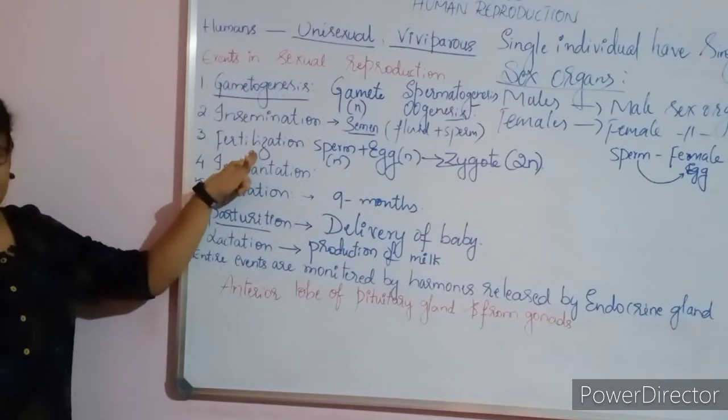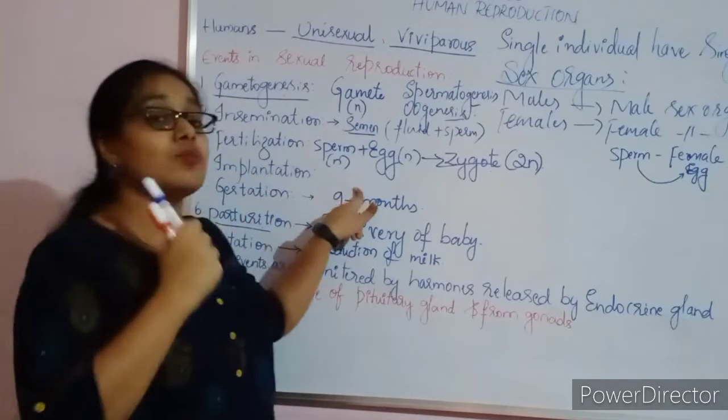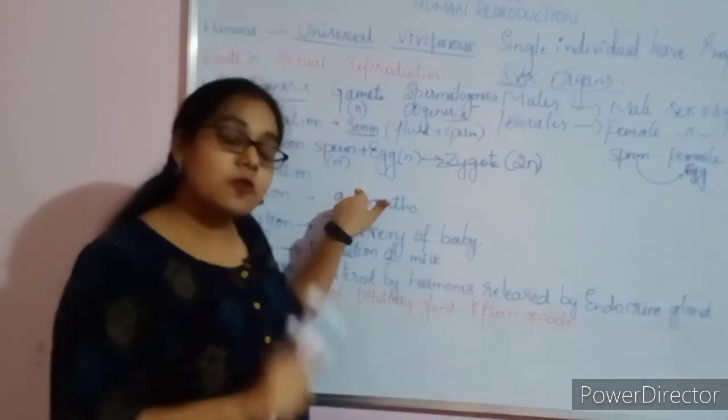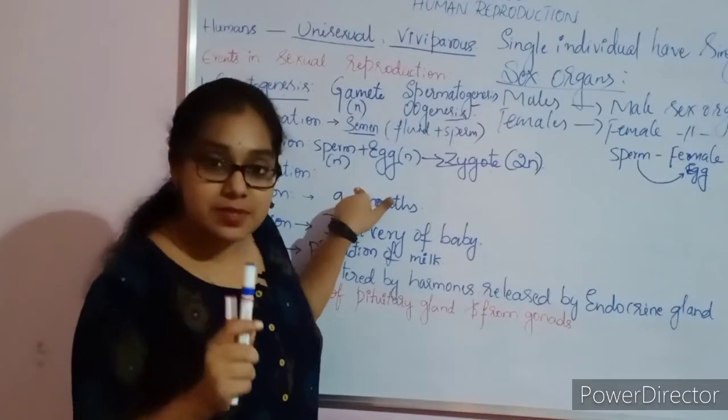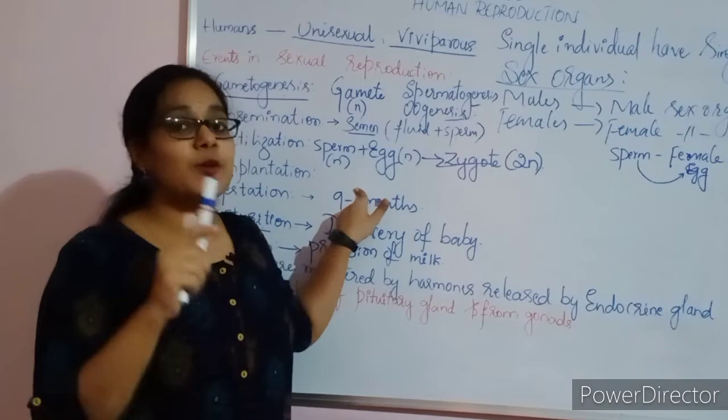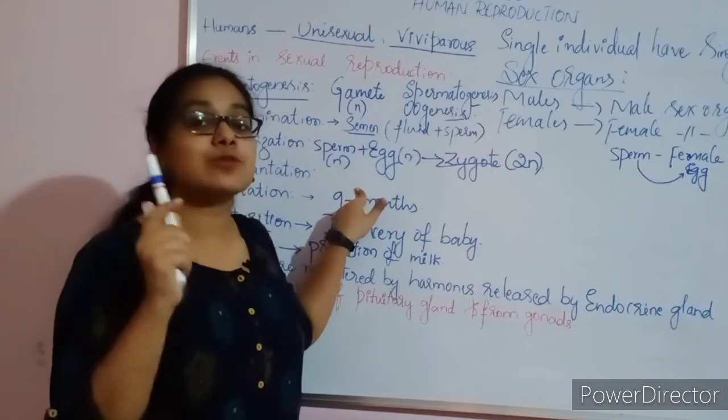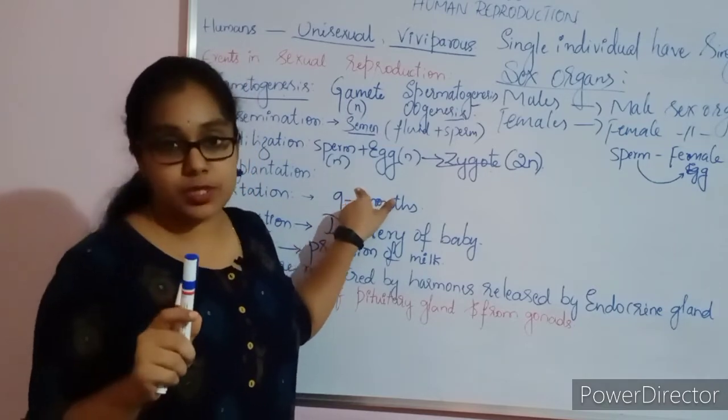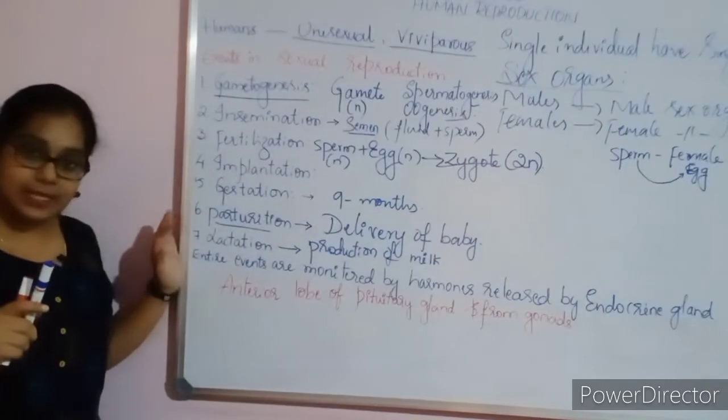Next is fertilization. So in fertilization, what happens? Once the sperms have reached the female reproductive system, they fuse with the egg cell to form a diploid zygote. That is nothing but fertilization.